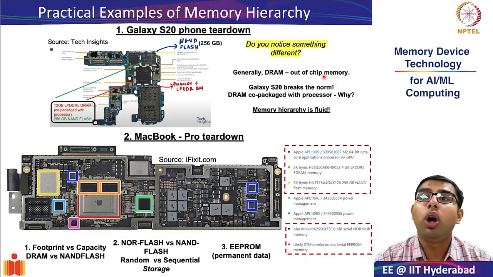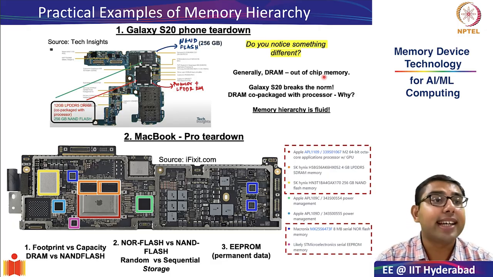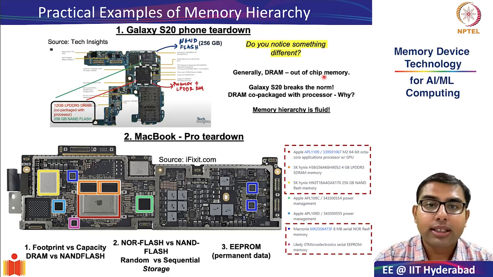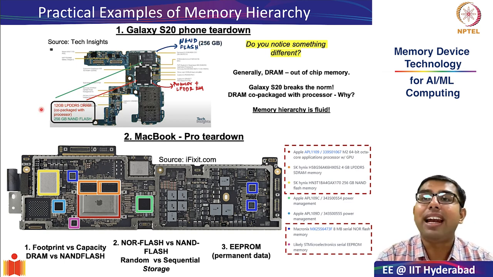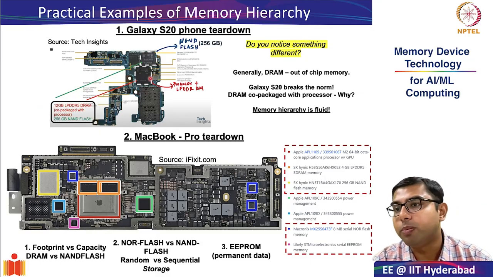However, through advances in packaging and co-packaging technology such as heterogeneous integration, Samsung is able to co-package a 12 GB DRAM chip along with the CPU subsystem.